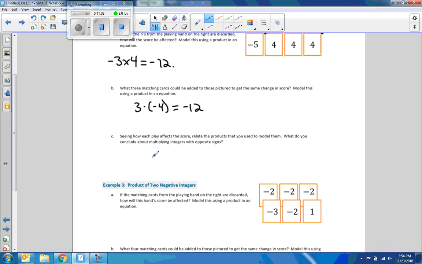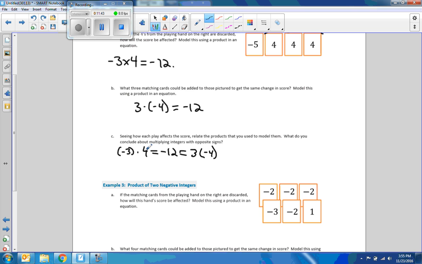Okay. C says, seeing how each play affects the score, relate the products that you use to model them. What do you conclude about multiplying integers with opposite signs? So what we should see from this is a negative 3 times 4 equals negative 12, which equals 3 times negative 4.